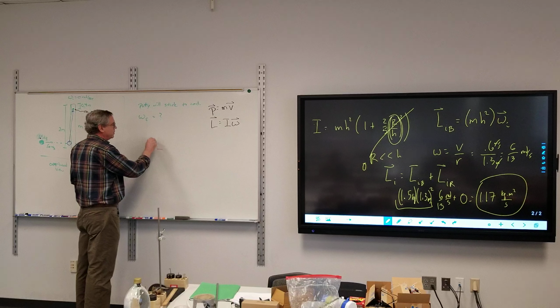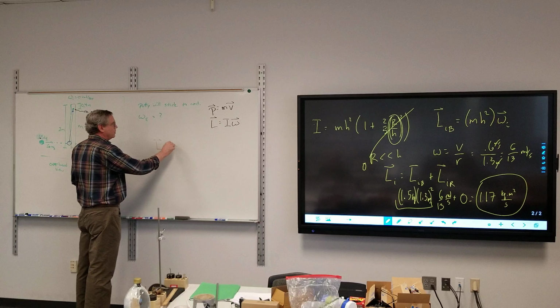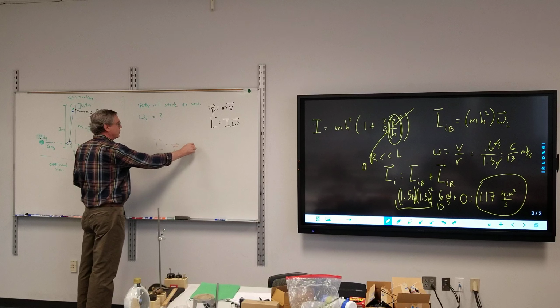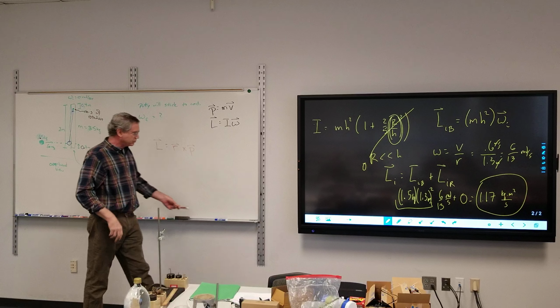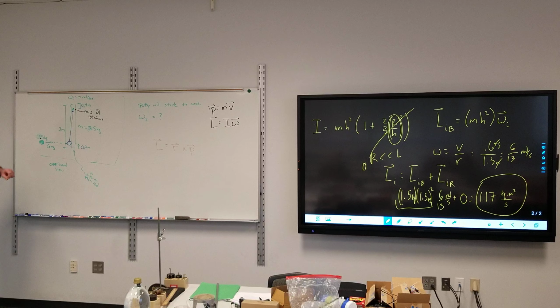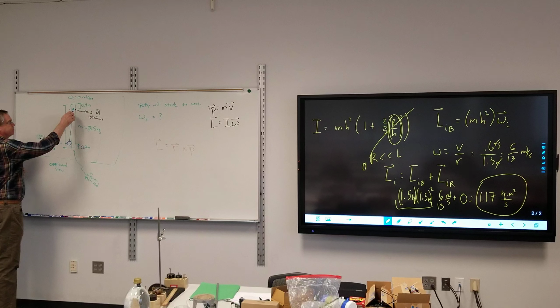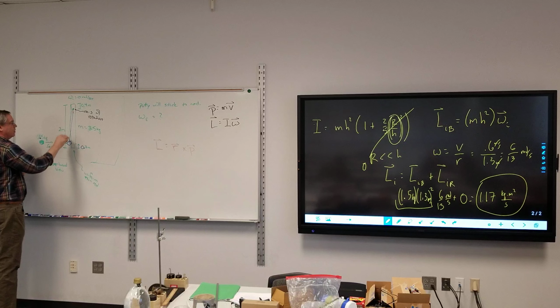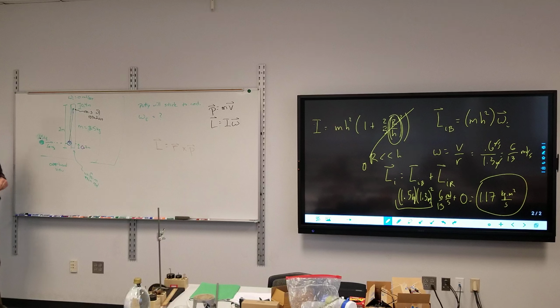Angular momentum also is R cross P. R is a vector going from where it begins to where it ends. So R would be a vector actually going in the opposite direction, the moment arm.